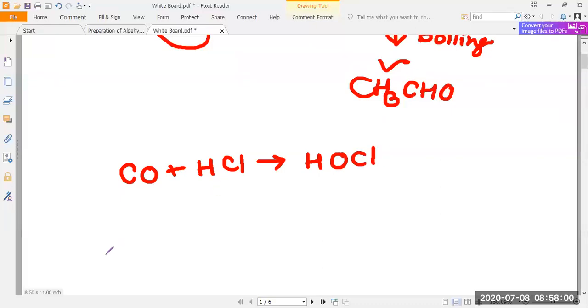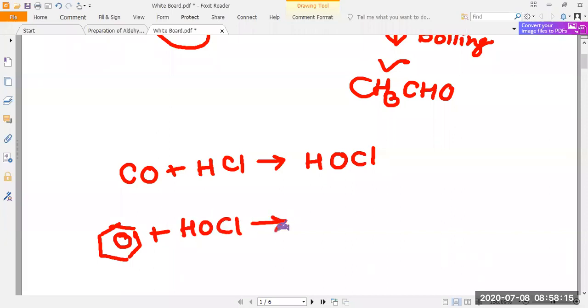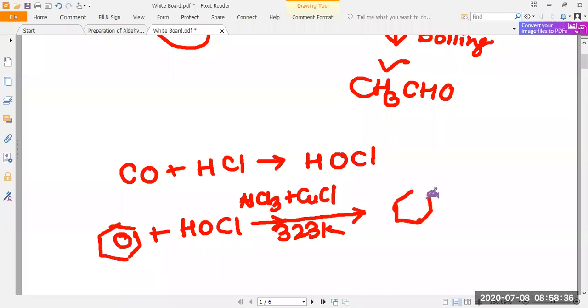Okay, and when this benzene reacts with HOCl in the presence of AlCl3 plus CuCl, and the temperature is 323 Kelvin, then we get benzaldehyde.